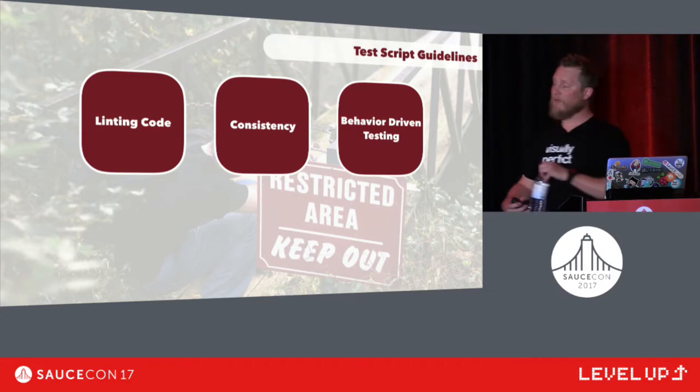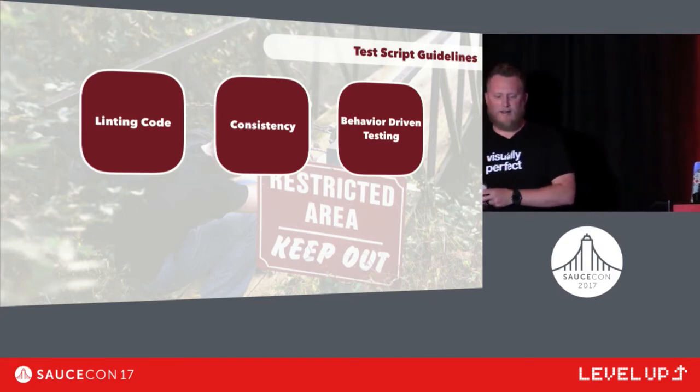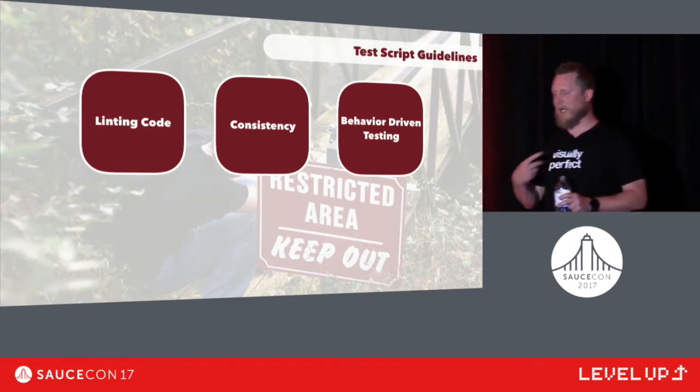Behavior-driven testing. We started out with Cucumber. I have a love-hate relationship with Cucumber, but the one thing I've always liked about it is the given-when-then. It really strengthens that collaboration between your developer, your product manager, and testers.